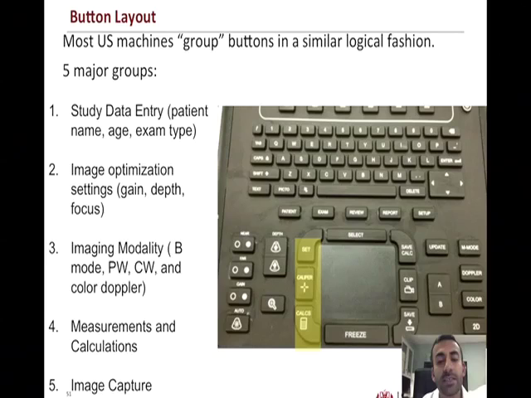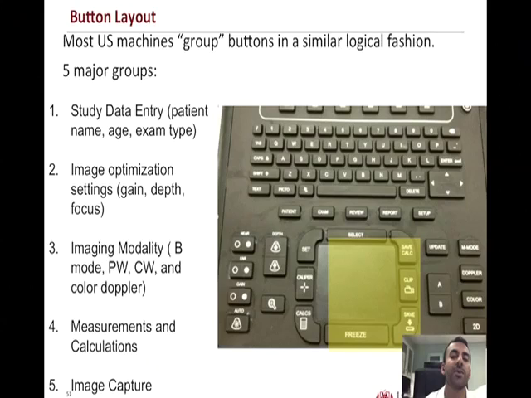And so when you see things such as caliper or calculations, those should also be close to each other. And finally, methods of saving the ultrasound images themselves. Whether it's videos and clips, those should all be in a relatively same feature, and they're usually close to the freeze button, which again would allow you to create those 2D images.